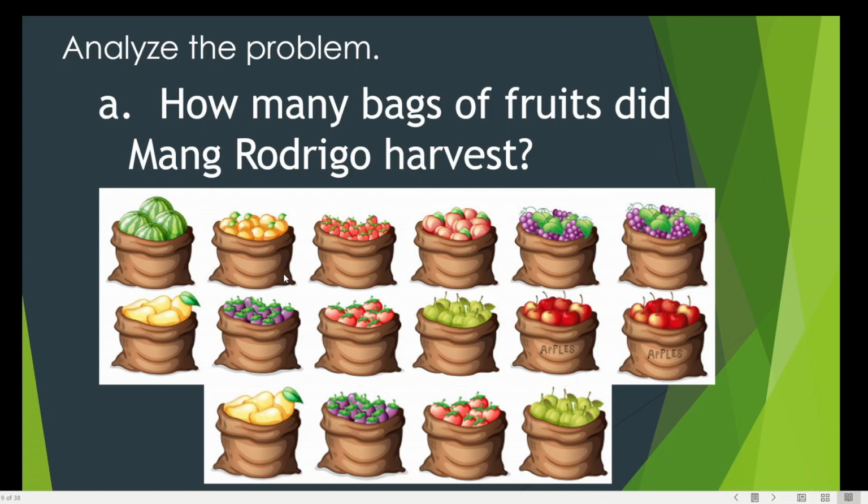How many bags are there? 1, 2, 3, 4, 5, 6, 7, 8, 9, 10, 11, 12, 13, 14, 15, 16. So it has 16 bags of fruits. And each of these bags has 12 varieties of fruits. So how can we find out the correct answer?